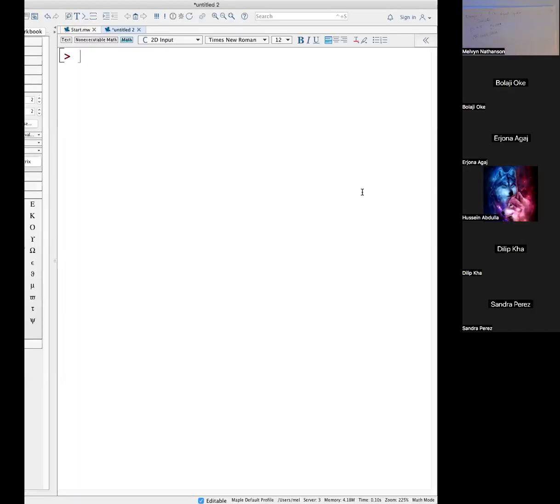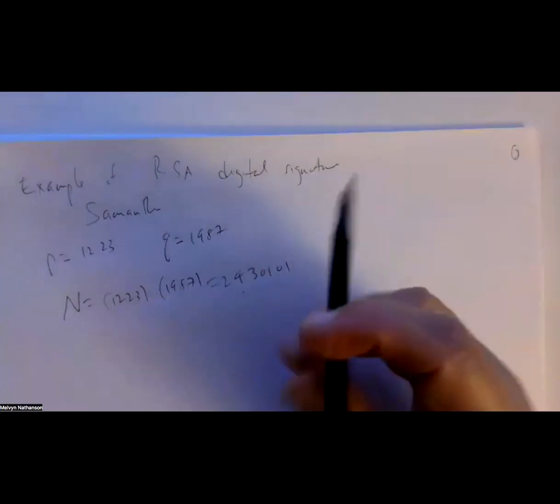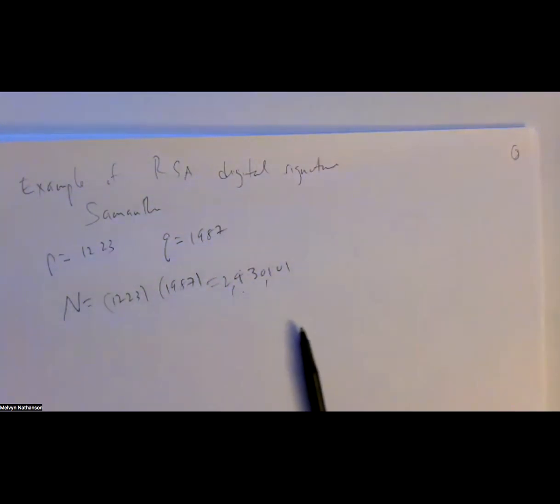So N is going to be the number 1223 times 1987. So N is 2,430,101.